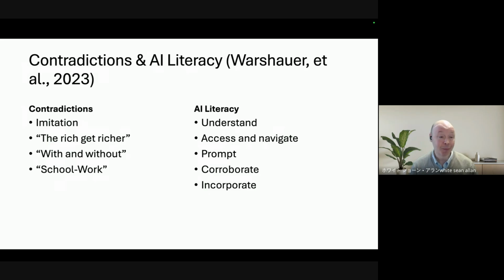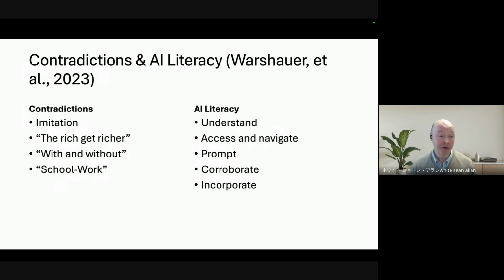Good question, right? With and without, right? That we want students to be able to learn more using the technology, but then over-reliance, right? Using too much then creates a deficit in actual learning, right?